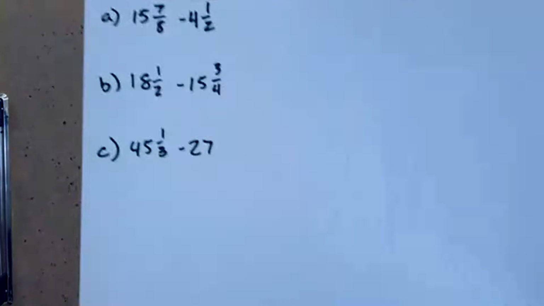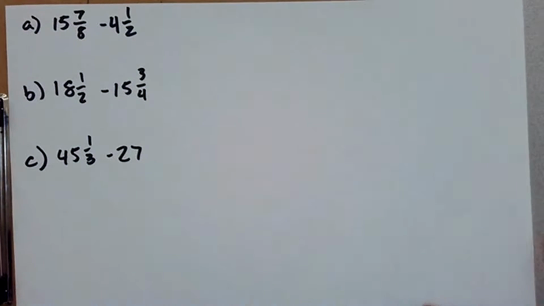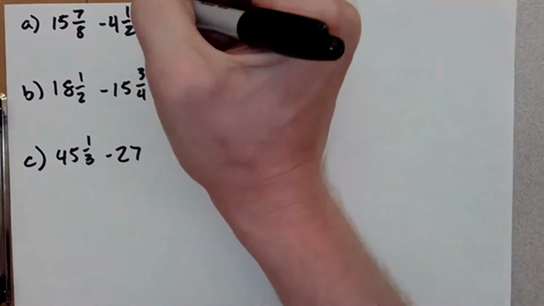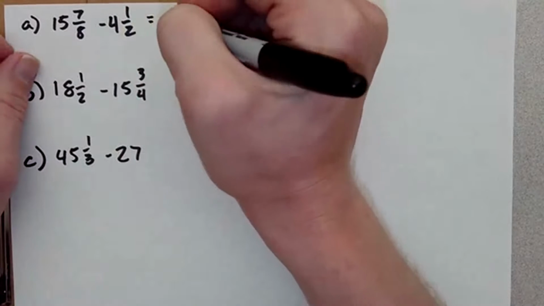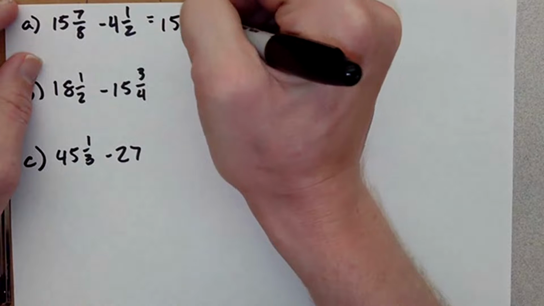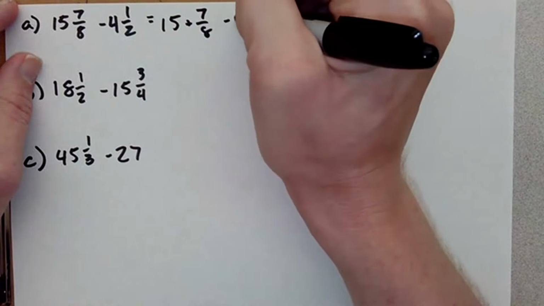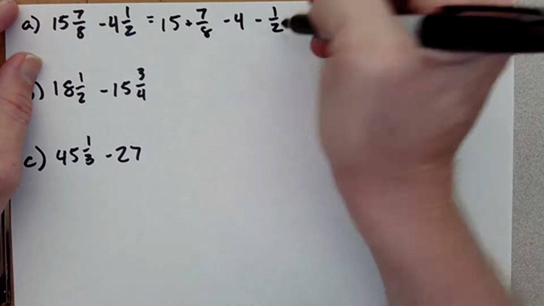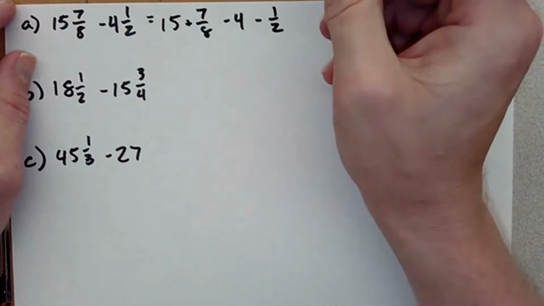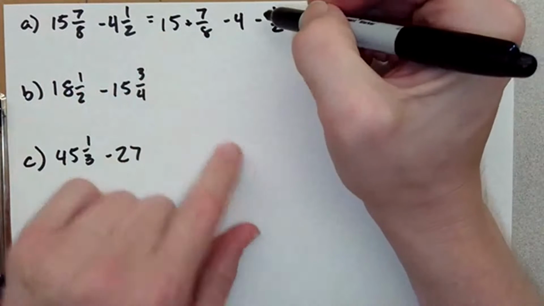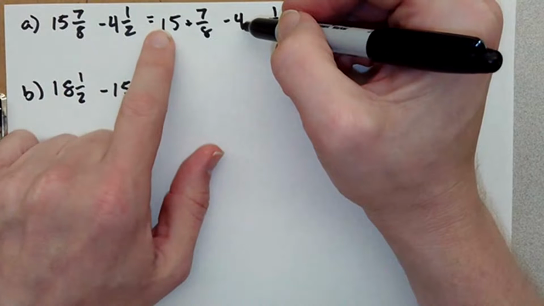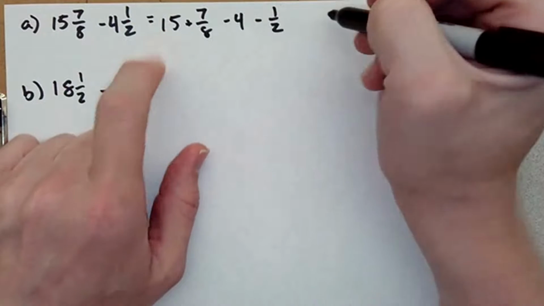So for these first three, we're just doing some simple subtraction. 5 7/8 minus 4 1/2. Okay, so first we write this as 5 plus 7/8 minus 4 minus 1/2. Combine the whole parts. 5 minus 4 is 1.